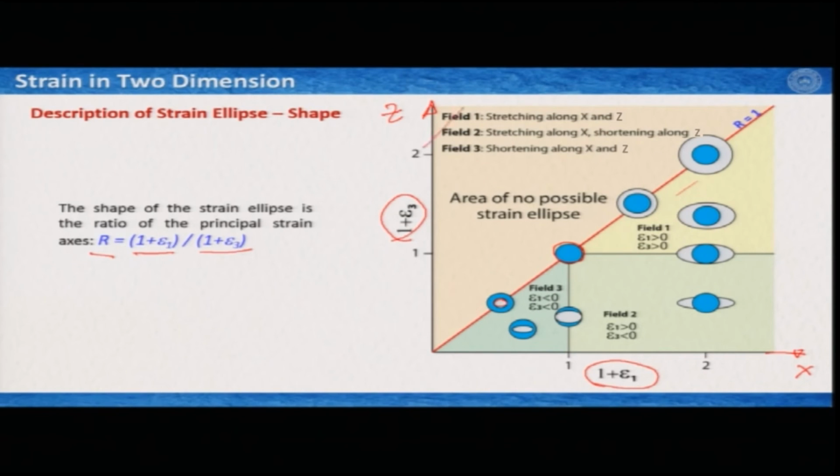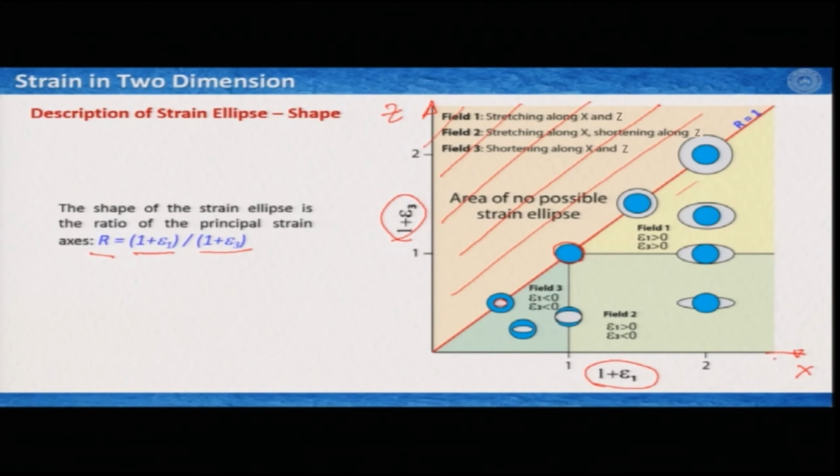In this domain, above this R equal to 1 line, any strain ellipse is not possible, because of the consideration that E1 is the longest axis and E3 is the shortest axis.